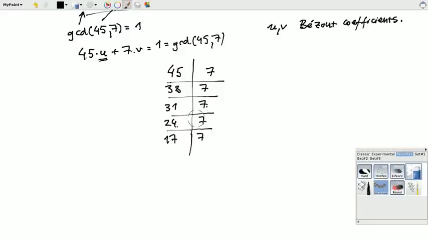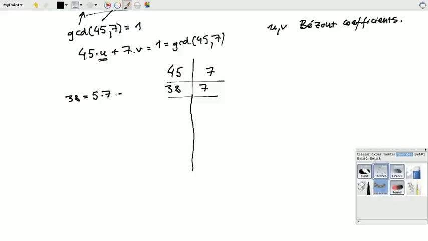Actually, this is a bit tedious. You can replace the step of taking away the smaller number by taking the remainder of the bigger number after dividing by the smaller number. Well, 38 is equal to 5 times 7 plus 3. So I could take away the 7 5 times and get 3.